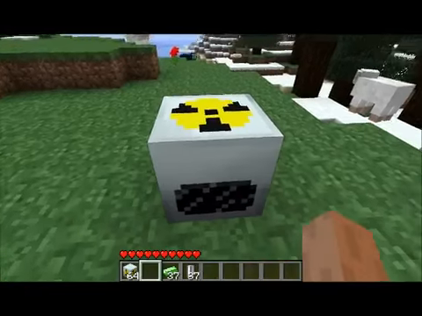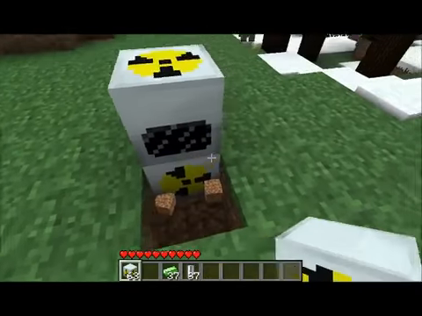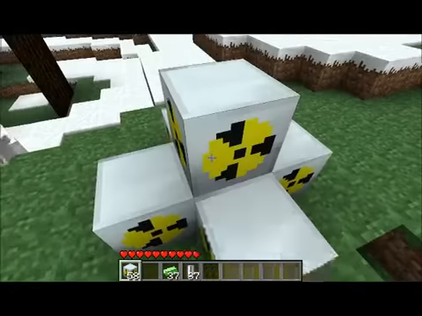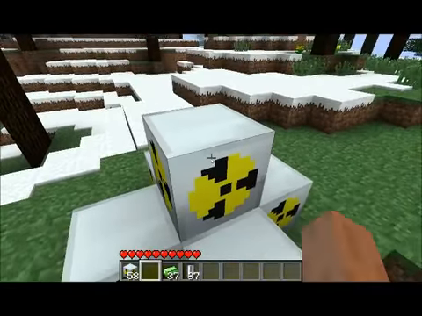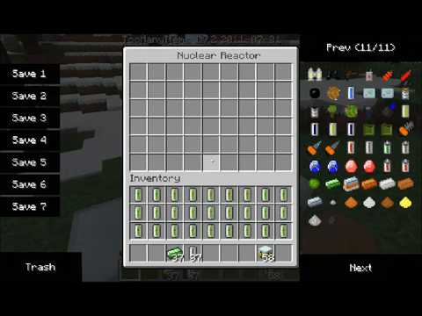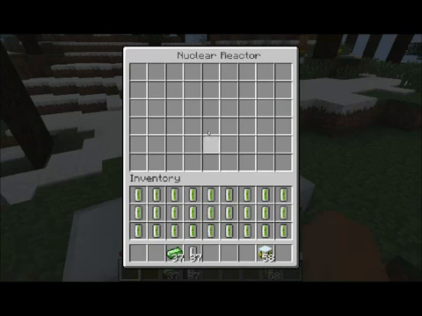Lay down your reactor chamber there. Surround it. So this is what a fully fledged nuclear reactor looks like. Okay? 9 across, like I said, and 6 down.